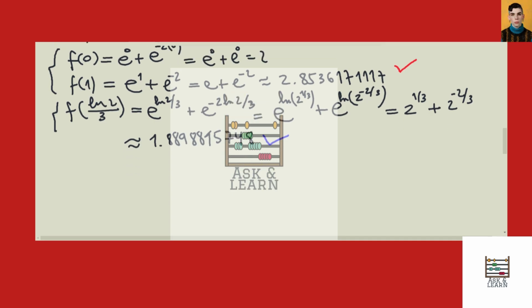So we can say that f has an absolute minimum value 2 to the 1/3 plus 2 to the negative 2/3.